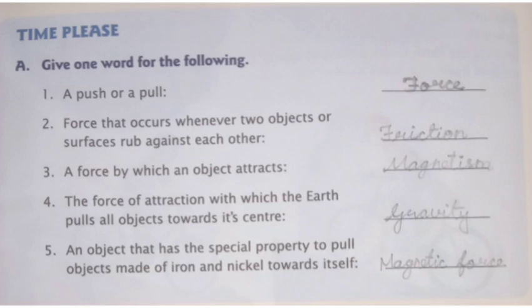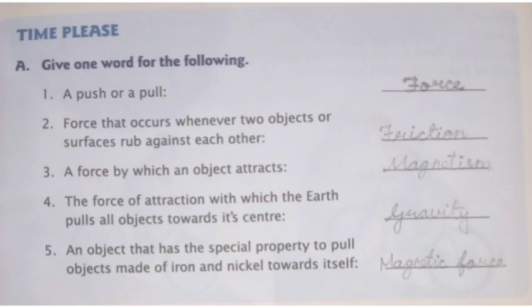Force that occurs whenever two objects or surfaces rub against each other. Answer is friction. We can write frictional force. Third question. A force by which an object attracts. Magnetism. Fourth question.